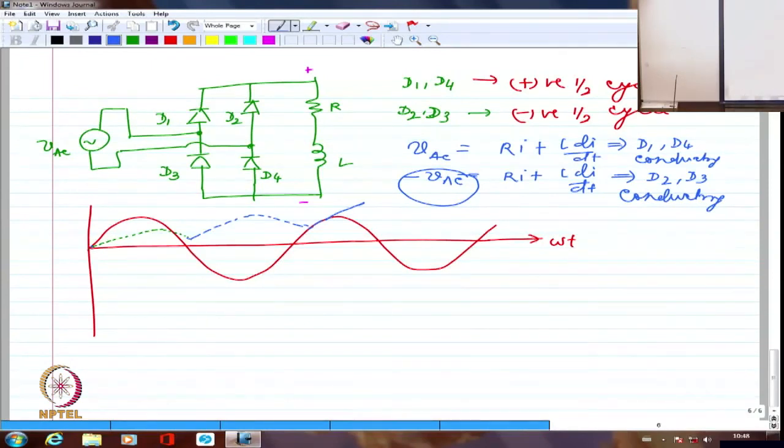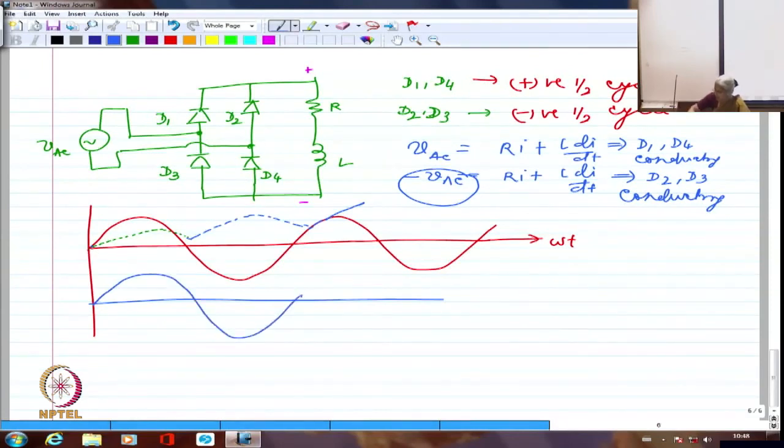So if I say finally in the steady state, I may see something like this. If this is my supply voltage, then this is the transient current. This is a transient DC current.